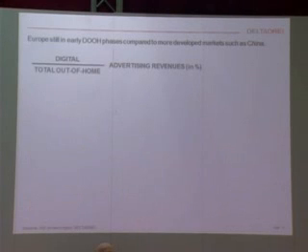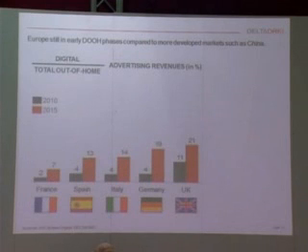So coming from Germany myself, coming from Europe, the interesting thing is that the share of digital compared to the total out of home is still in its early stages, even in Europe, even in Germany. So we see 2010 compared to 2015, this share of digital is increasing significantly.